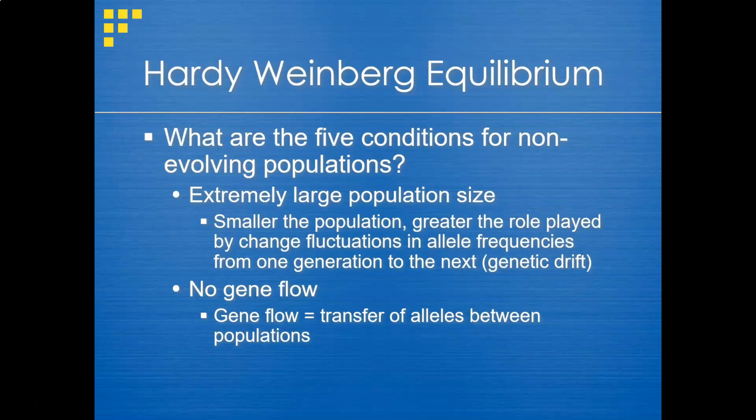And the same thing would go in the opposite direction. They can't be leaving either. And so gene flow really is just the immigration and emigration, the moving in and moving out of individuals. I can't have that happen because when that occurs, that is naturally going to change the frequencies of alleles in those populations because I'm changing the number of individuals and the alleles that they're bringing with them or taking away.